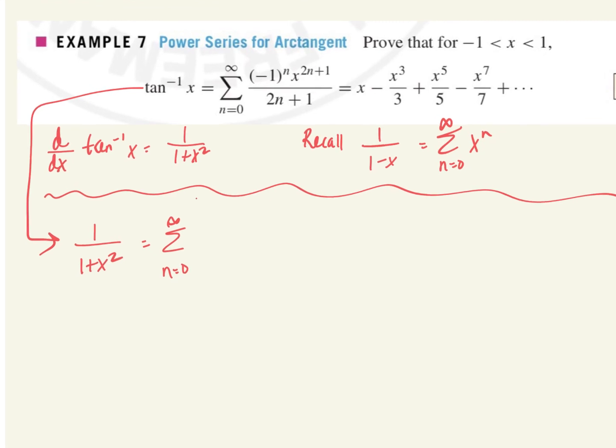So using the power rule derivative, I end up having just a negative x squared to the n power. Everything else is gone. Or I can pull it out as a negative 1 to the n, x to the 2n, to write that.